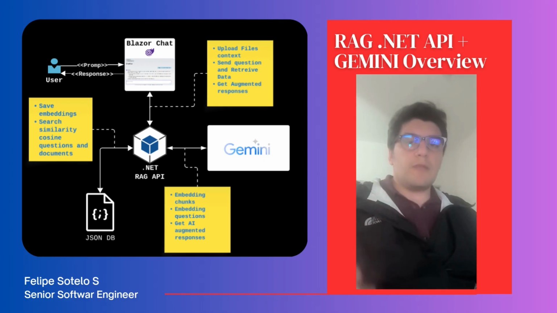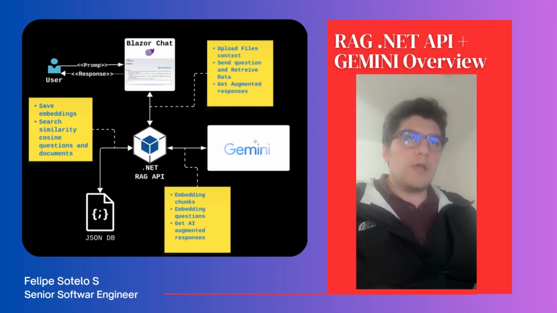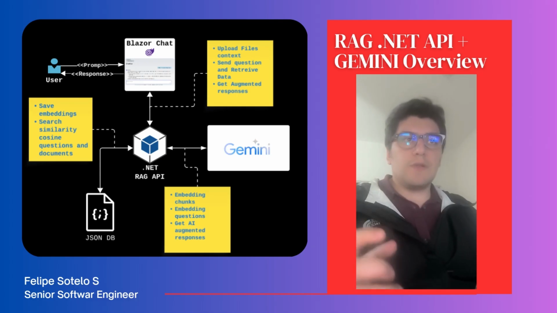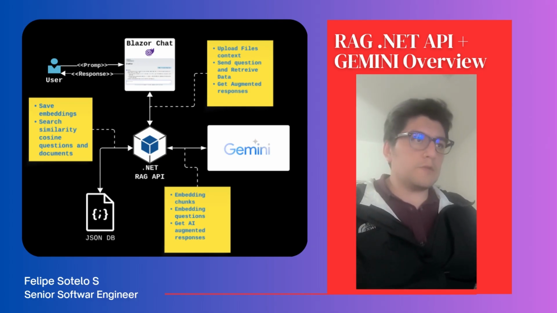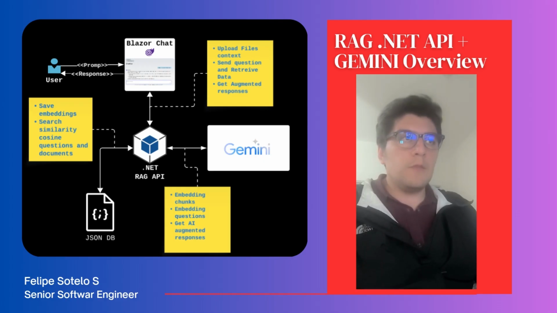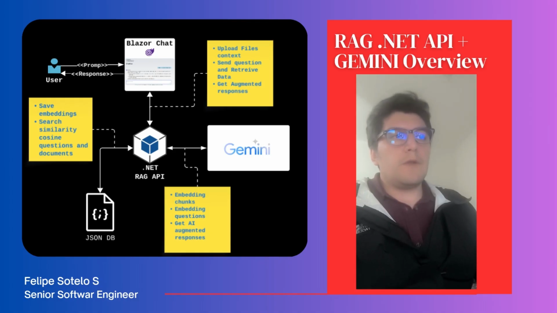to save embeddings from chunks, save embeddings from questions, and search similarity between questions and documents with the cosine algorithm in this case. And I have one JSON database for this purpose. It's simple, and you can implement one interaction with a vector database.